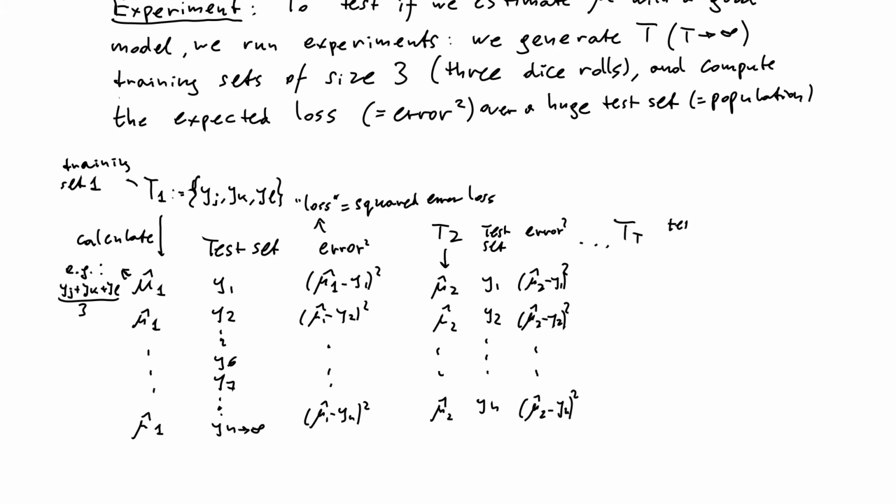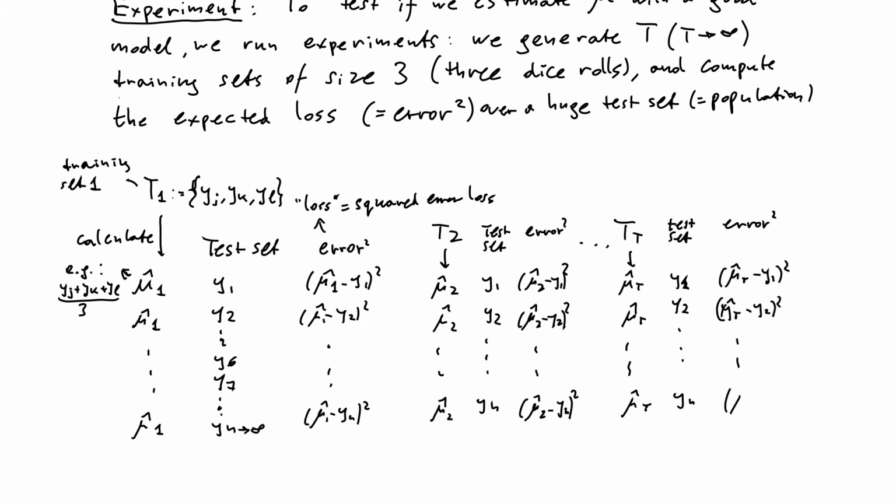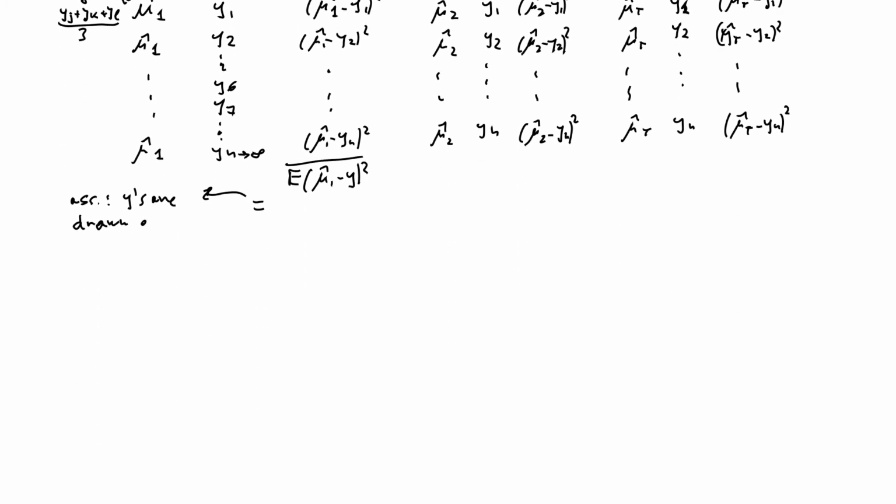We have the square error loss, therefore we compute the error as the squared difference of mu hat and y. And for training set t, with t going to infinity, we have another expected squared difference of mu hat minus y from training set t.